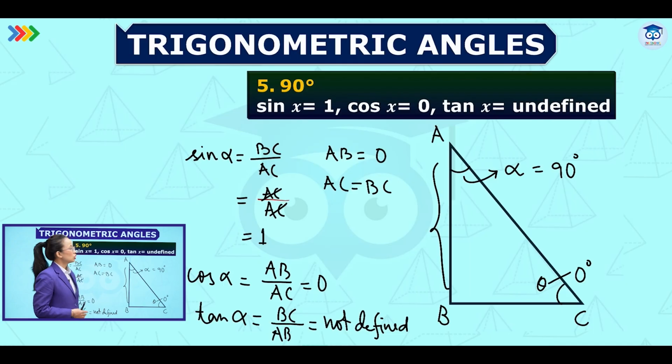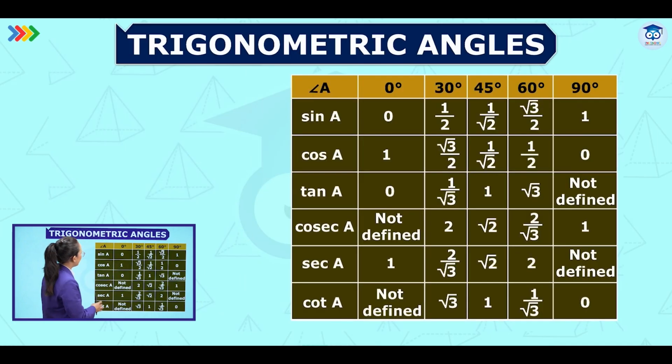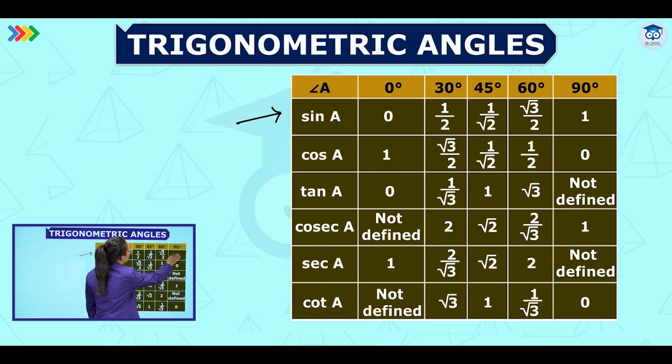Everything can be written in one table. But my suggestion is you learn the sine values, then you can learn everything very easily. How? The sine value increases when the angle increases: 0, 30, 45, 60 and 90. So 0, 1 upon 2, 1 upon root 2, root 3 by 2 and 1.